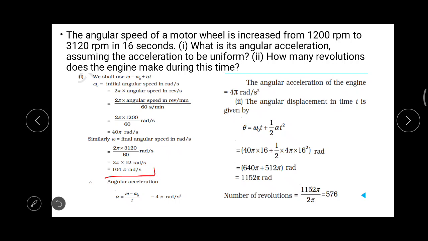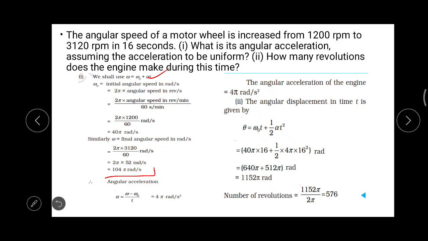Now we have to find out the angular acceleration. The first question is to find out the angular acceleration. So using this equation omega is equal to omega 0 plus alpha t, the alpha value will be omega minus omega 0 divided by t. Omega is 104 pi radian per second, omega 0 is 40 pi radian per second, and the time taken is 16 seconds.